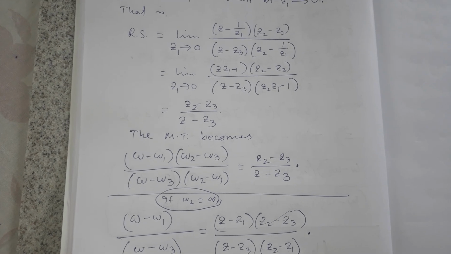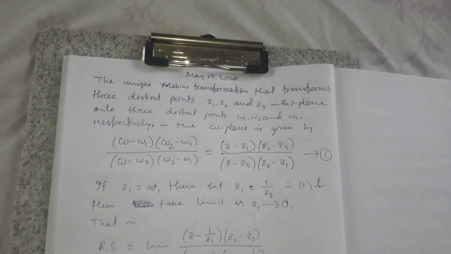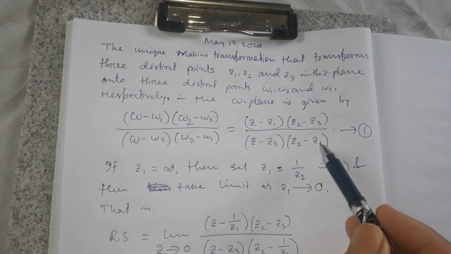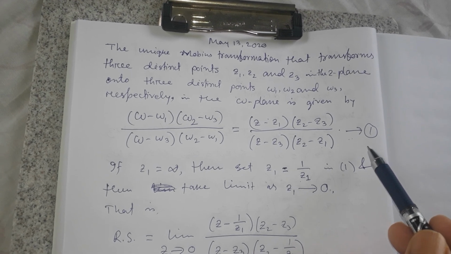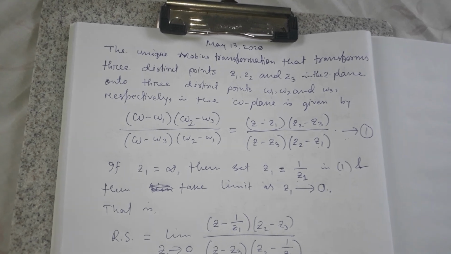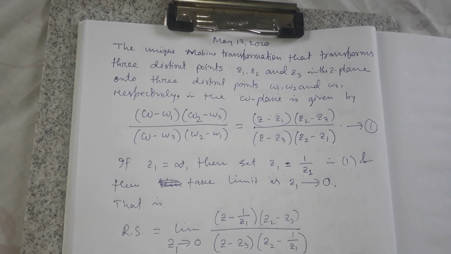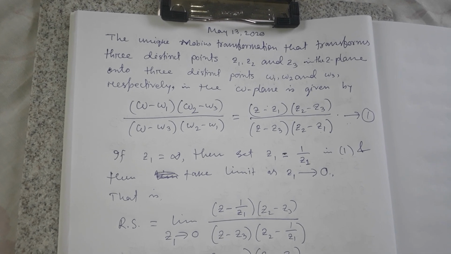If the point at infinity is not considered, this is the form, and if the point at infinity is considered, then one of those terms will be cancelled out, and that will be the Mobius transformation. In the next video I will give some examples of both kinds. Thank you.